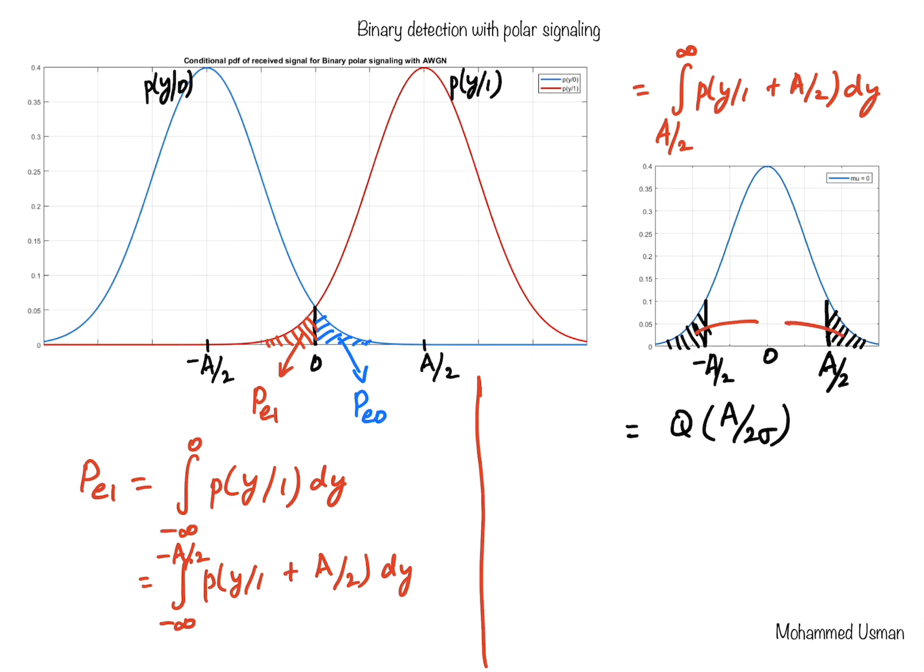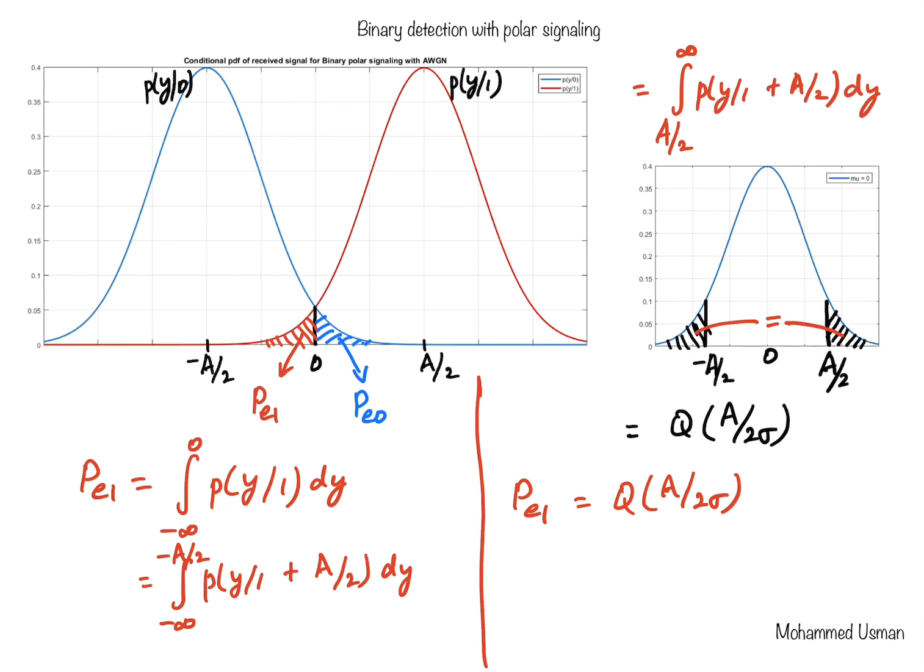This area and this area, they are both equal, so we can compute either of them and we can get the same answer. So to conclude, the error probability when a 1 is transmitted, PE1, is equal to Q of a by 2 sigma, which is exactly the same answer we got for PE0 as well.